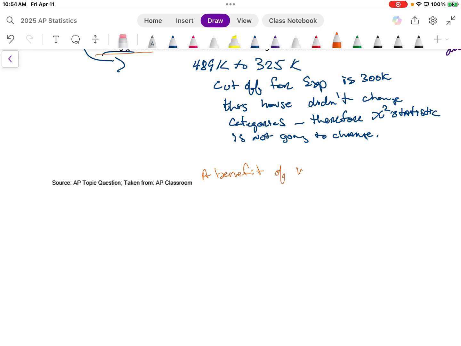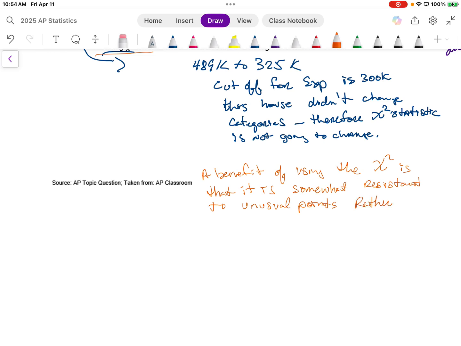The benefit of using the chi-squared is that it is somewhat resistant to unusual points, rather than the R value.